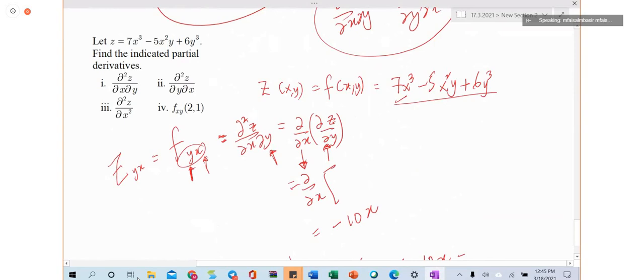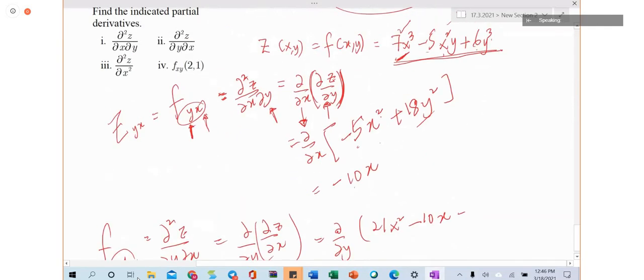When you differentiate with respect to y, x is a constant, so this will be 0, this is negative 5x squared, and this is 18y squared. Then when you differentiate with respect to x, you get negative 10x, and this is 0.